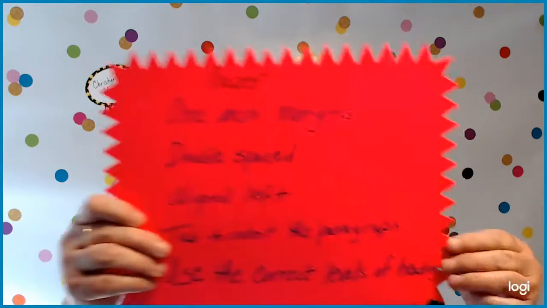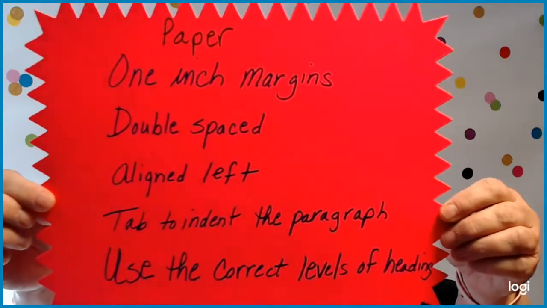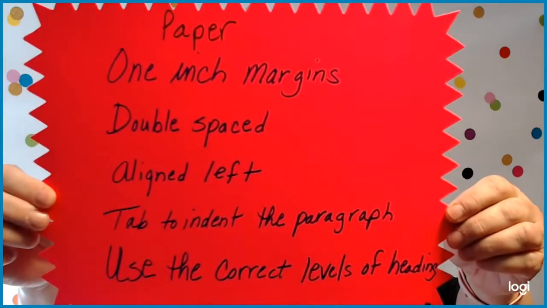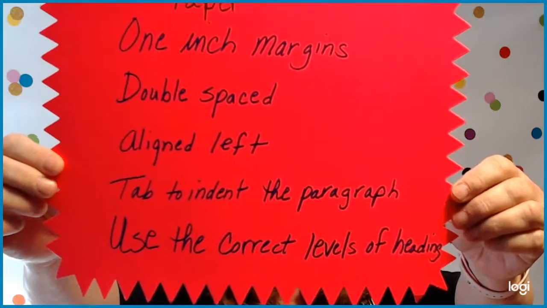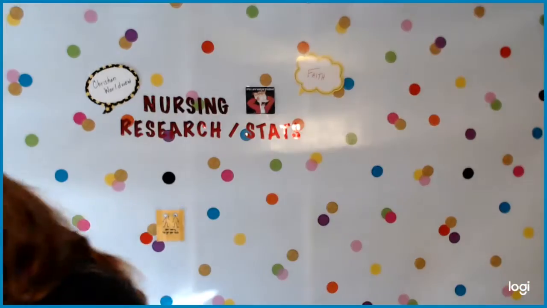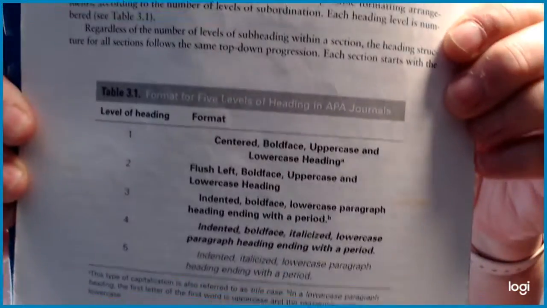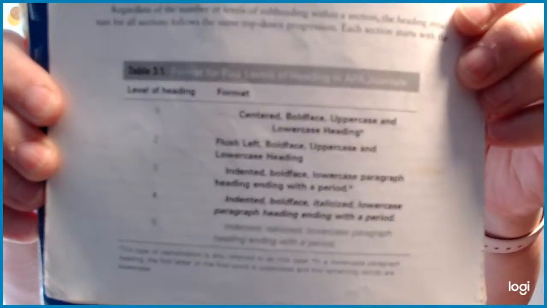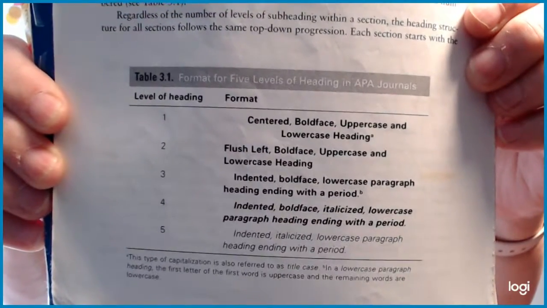Also, make sure that your paper has 1-inch margins, that it's double spaced, that it's aligned to the left. You tab to indent the paragraph, and you use the correct levels of heading. So some of you need to use levels of heading because of how you've chosen to write your paper. On page 62 of your APA manual, down the bottom, it gives you the levels of headings, 1, 2, 3, 4, and 5.